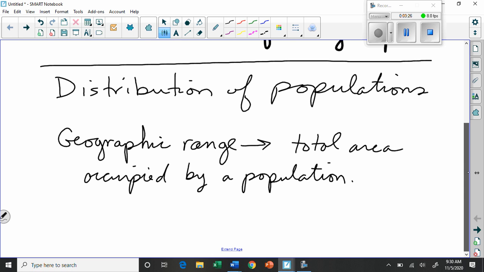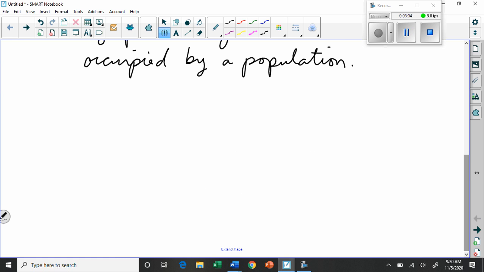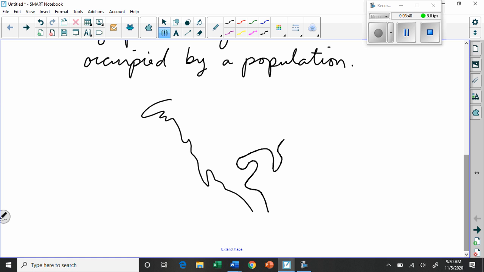And then you have to look at, if it's a large area, how is the population spread around in that area? So even though the geographic range is usually wide-ranging, if you take, for instance, some North American songbirds, well, here's North America. A certain songbird might range all through this region.